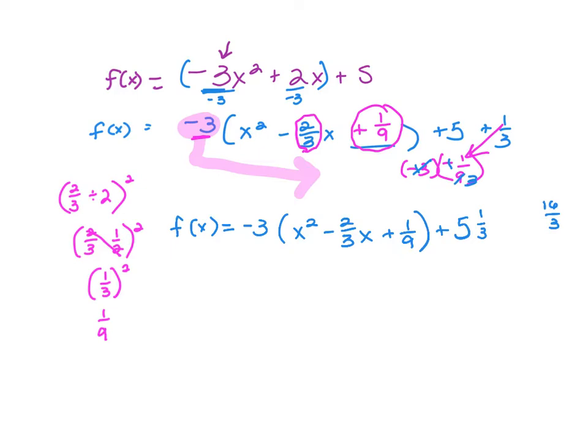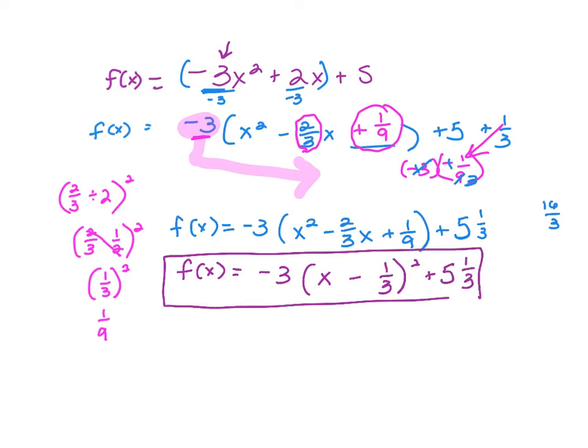Now I force it into a perfect square, which means I can factor it. F of x equals -3, square root of x squared is x, square root of 1/9 is 1/3, sign from the middle, put it in parentheses, and square it. And now my equation's in standard form.